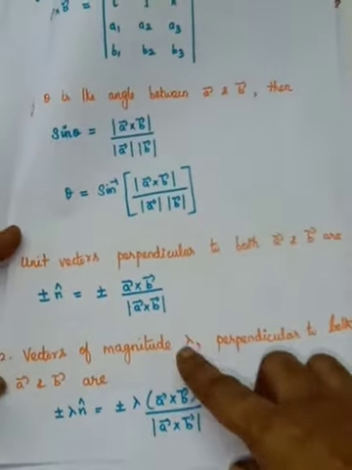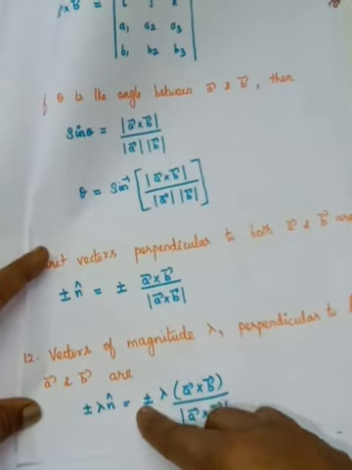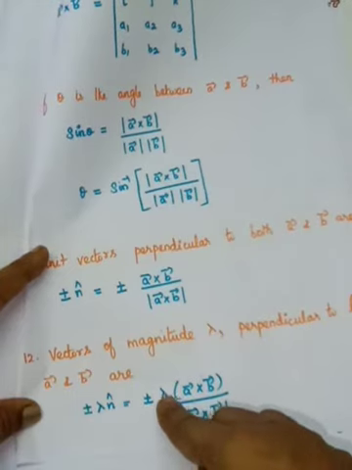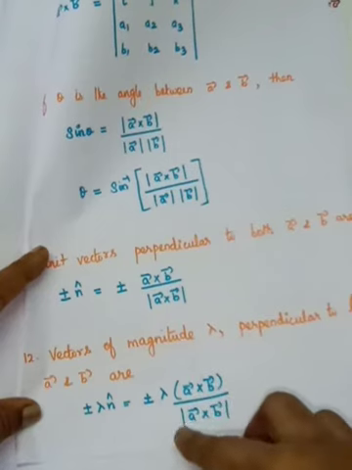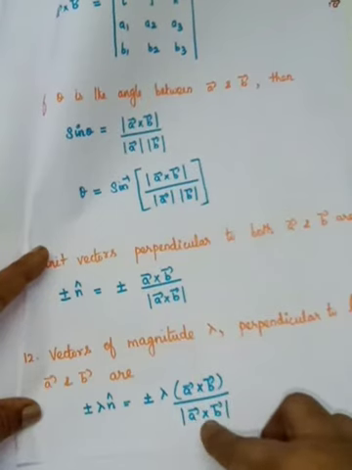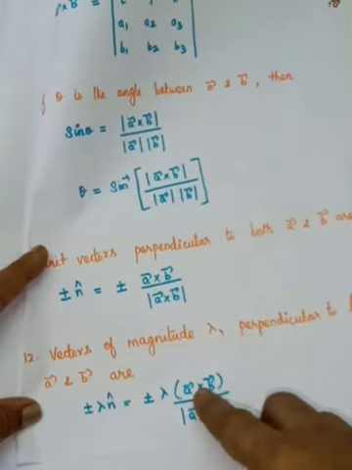Here the magnitude is lambda, so lambda into n cap. What is the formula we have learnt for finding n cap? The formula for finding n cap is a vector cross b vector divided by modulus of a vector cross b vector, because a vector cross b vector is perpendicular to a vector and b vector.